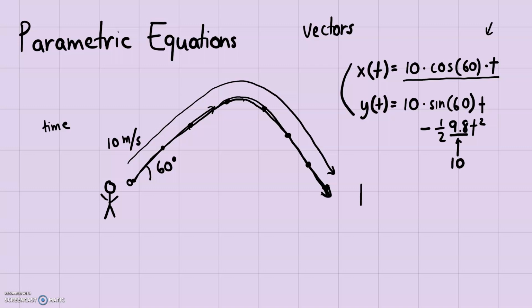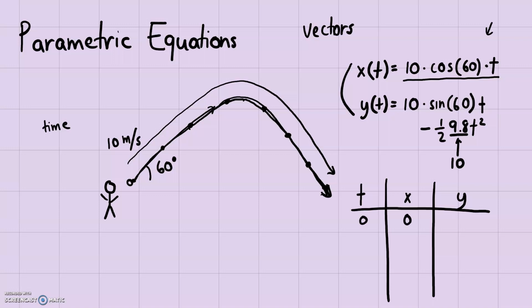And we can make the table again, t, x, and y. And to save time, I've actually done the calculation in advance. When t equals 0, both x and y are 0. When t equals 0.3, so after 0.3 seconds, x is going to be 1.5, y is going to be 2.15. And the way you find these is you just plug in 0.3 for t.